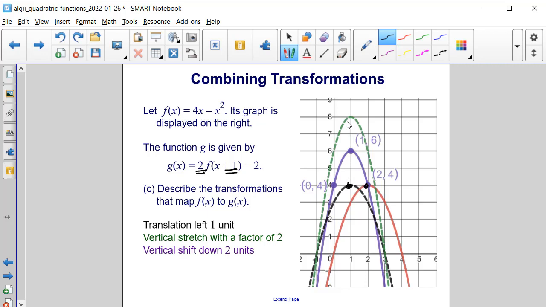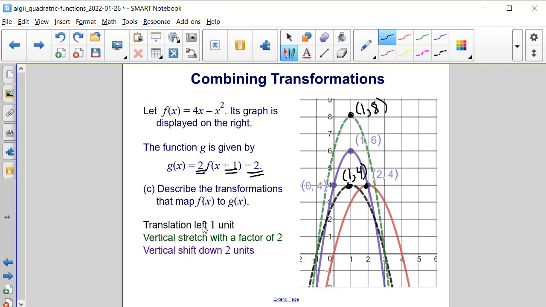So we are pulled up to (1, 8). We went from (2, 4) to (1, 4), and then (1, 4) to (1, 8). And then if we move this entire green parabola down 2 units, we get to our final vertex of our g of x function.